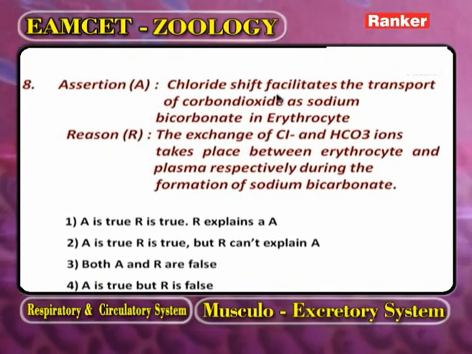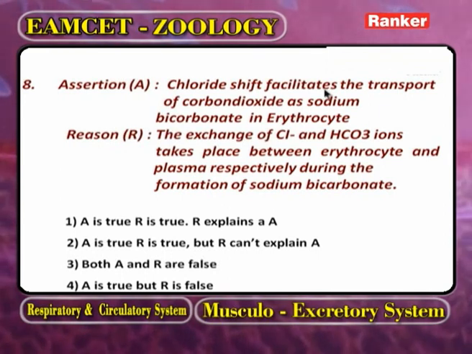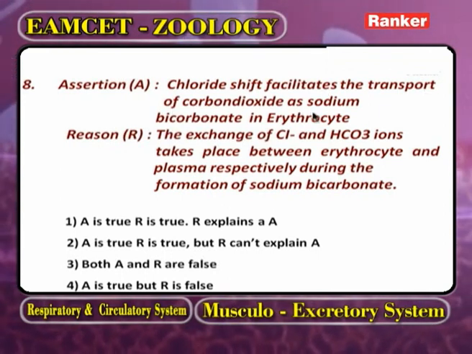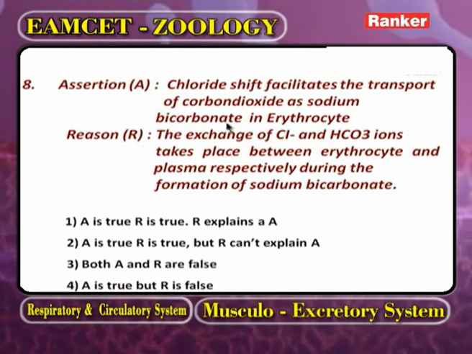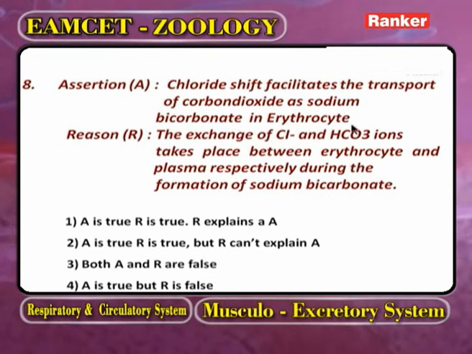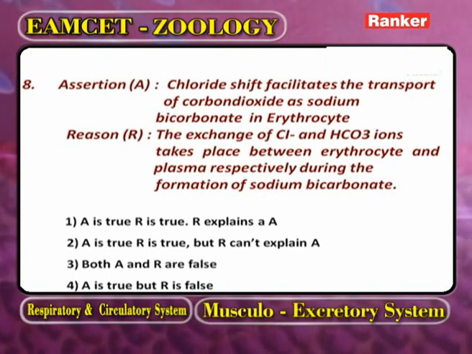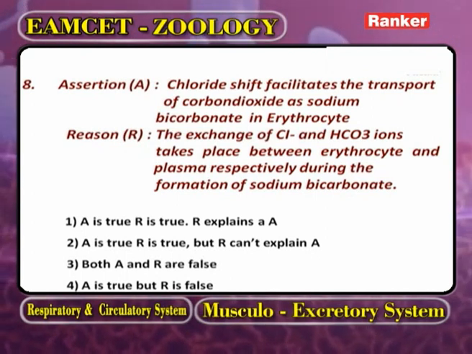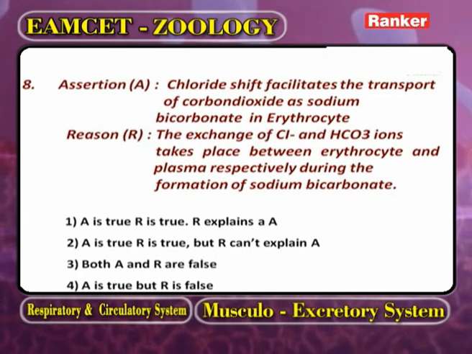Assertion: chloride shift facilitates the transport of carbon dioxide as sodium bicarbonate in erythrocyte. Now again you observe the assertion: chloride shift facilitates, that means helps, to transport carbon dioxide as sodium bicarbonate.